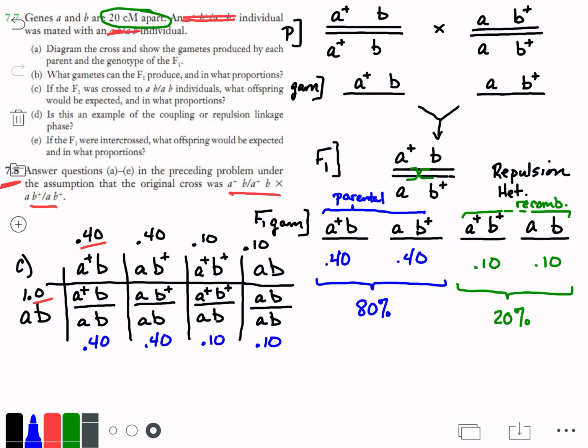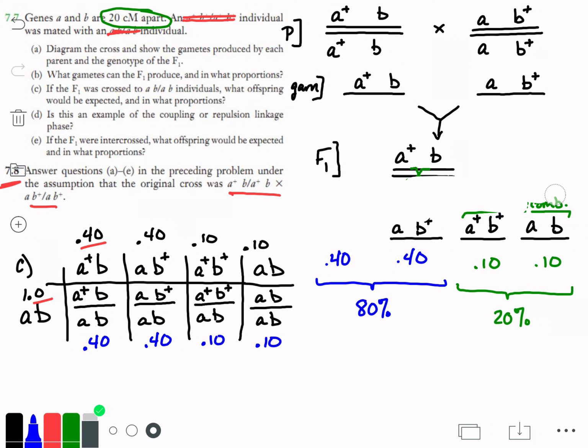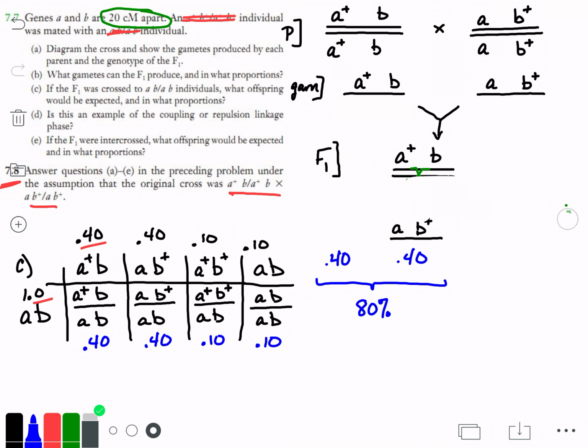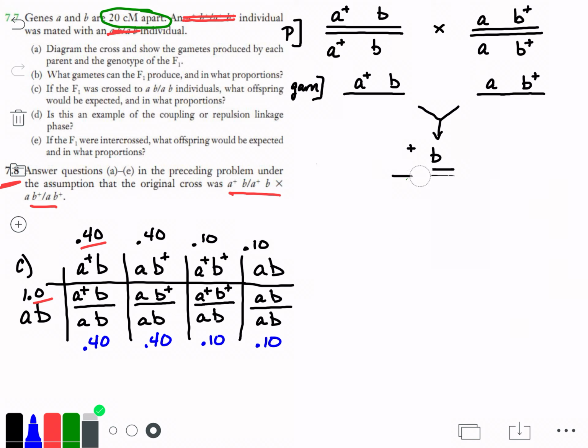Now, how does it change if we're dealing with an intercross, part E? Well, I'll go ahead and erase some of this so we have some room to work. But basically, an intercross is still going to be a Punnett square. It's still going to be a combination of the alleles across the top and the alleles from the bottom.